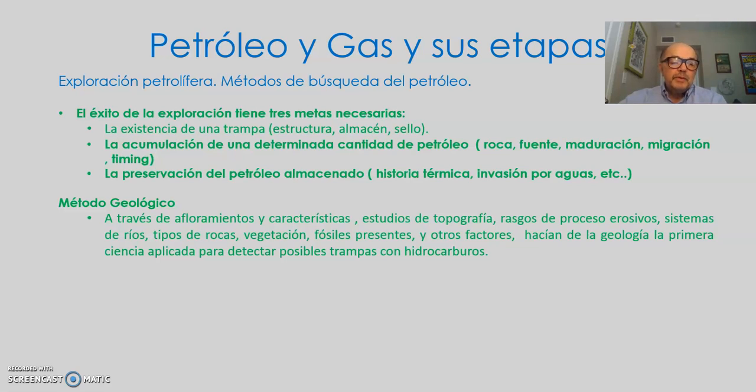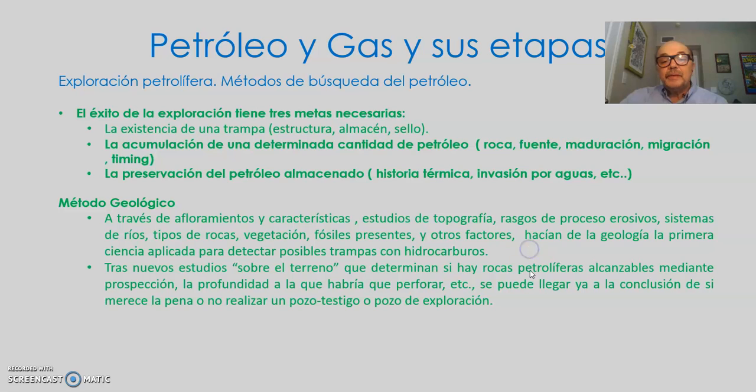The geologists are the first important discipline involved in finding traps. Traditionally, through showings on the surface, looking at the rivers, the rocks and the vegetation, they can decide that we have a trap.